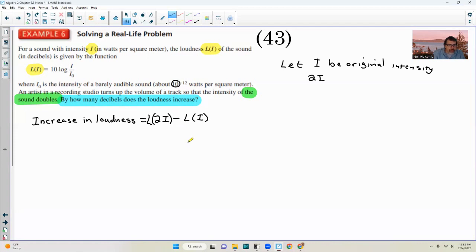Here's our base 10, and here's our equation that they gave us. The equation is 10 times the log of I over I naught.